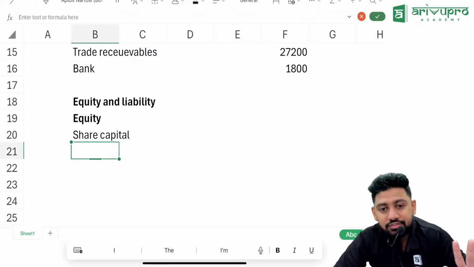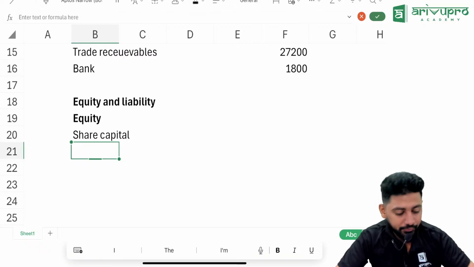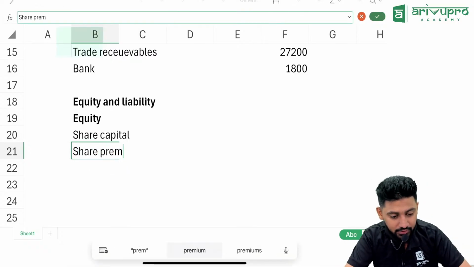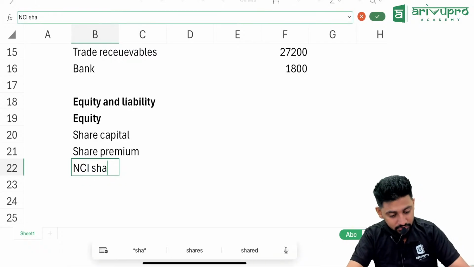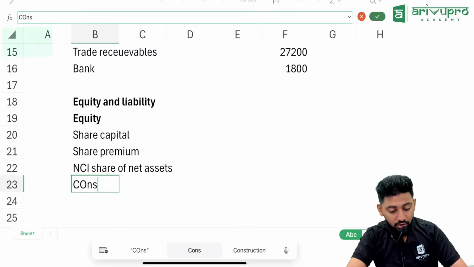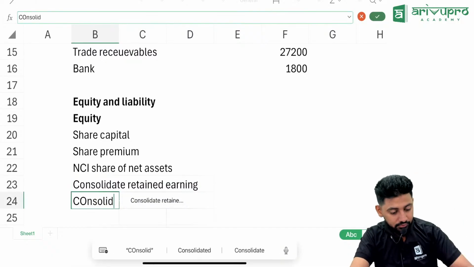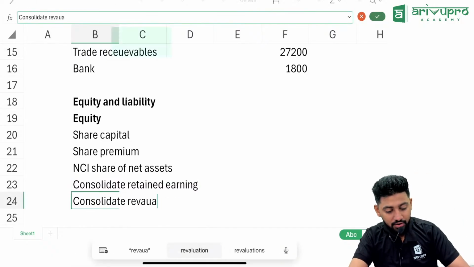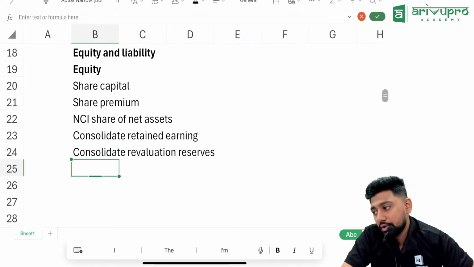If the company has issued any shares, you can take it on the share premium, so just leave another line. Then NCI share of net assets, then consolidated retained earnings and consolidated revaluation reserves. Done and dusted.